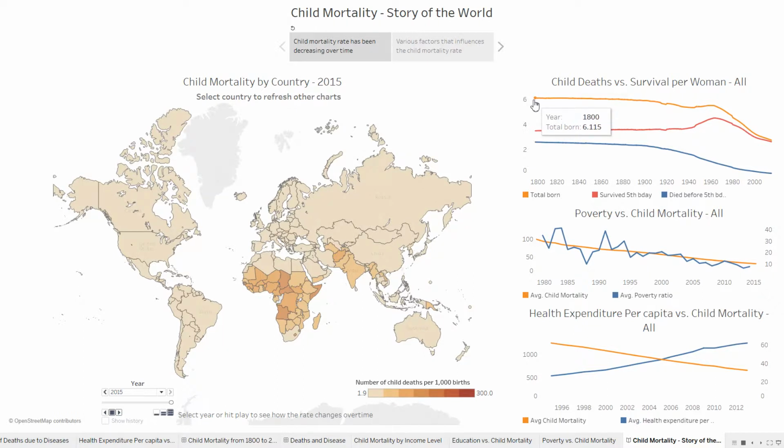On average, a woman gave 6 births in 1800, which continued until 1910, and it remained almost constant till 1960. But you can see that the child mortality rate started reducing after 1900, and we can see a steep decline going towards 2015. Now, here is an interesting part.